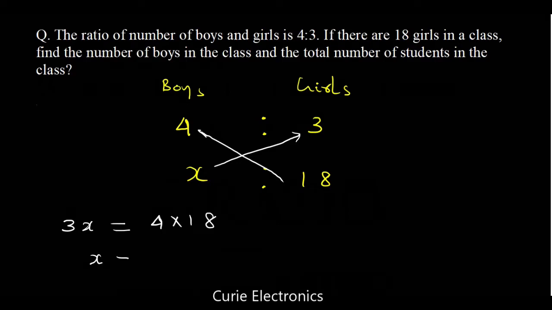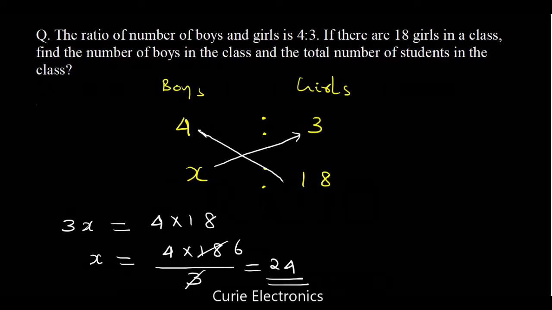So x equals 4 multiplied by 18 upon 3, that is 6. So 4 times 6 is 24. So we got 24 boys in that class.